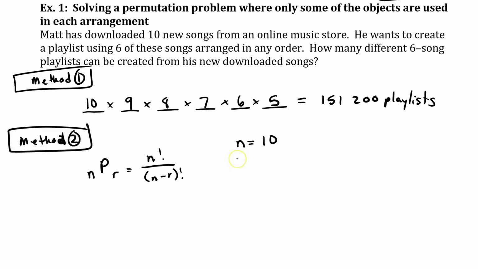However, not choose, I should say pick. r is the number of songs that we actually do pick, which is 6. And then I just plug in n as 10 and r as 6. So 10 pick 6 is 10 factorial over (10 minus 6) factorial.